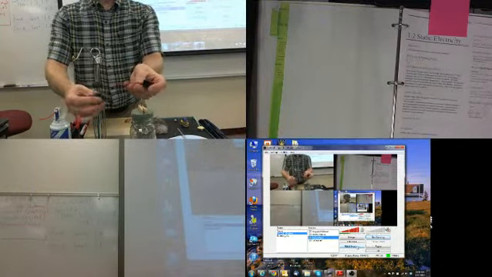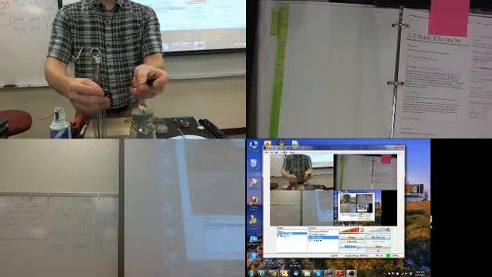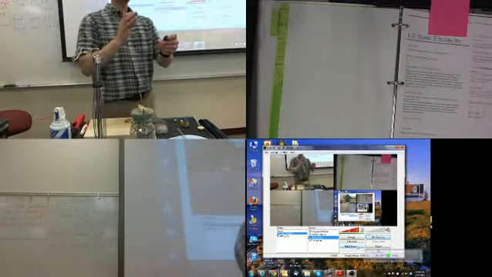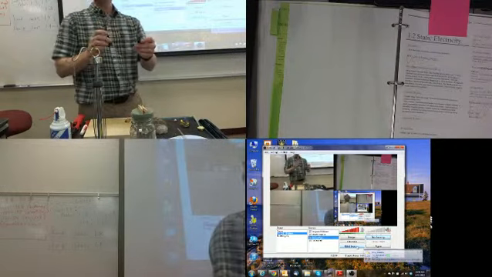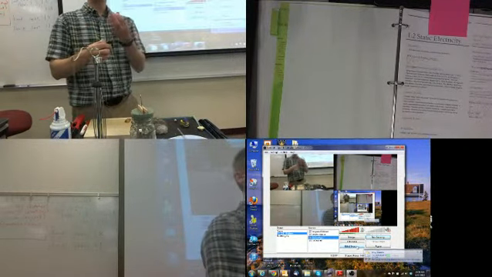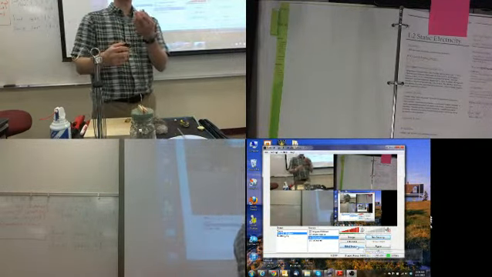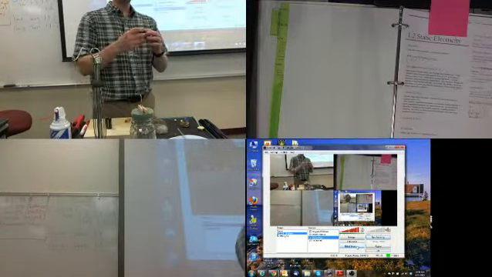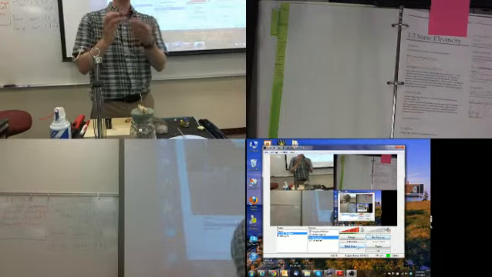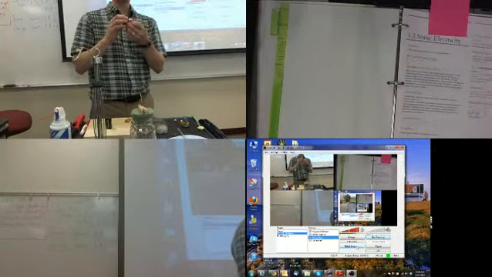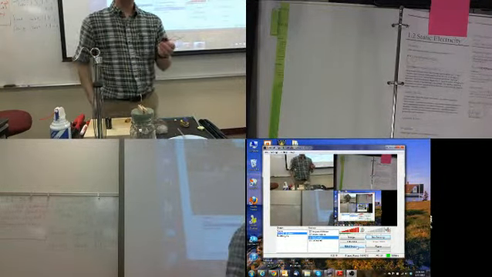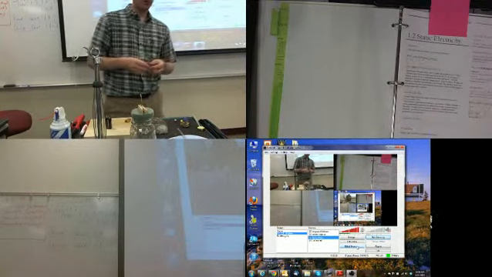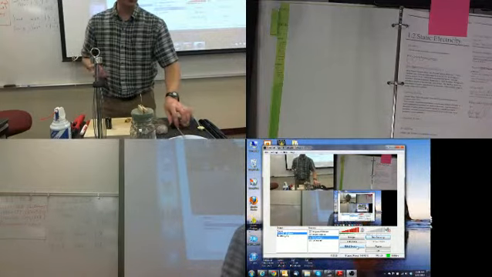If I put this battery on, it's putting that voltage across that crystal, and that crystal is vibrating. The opposite effect occurs as well. In fact, if I speak into this, it's probably generating voltage right now. It's vibrating that crystal and producing a voltage. So that's another source of electricity.